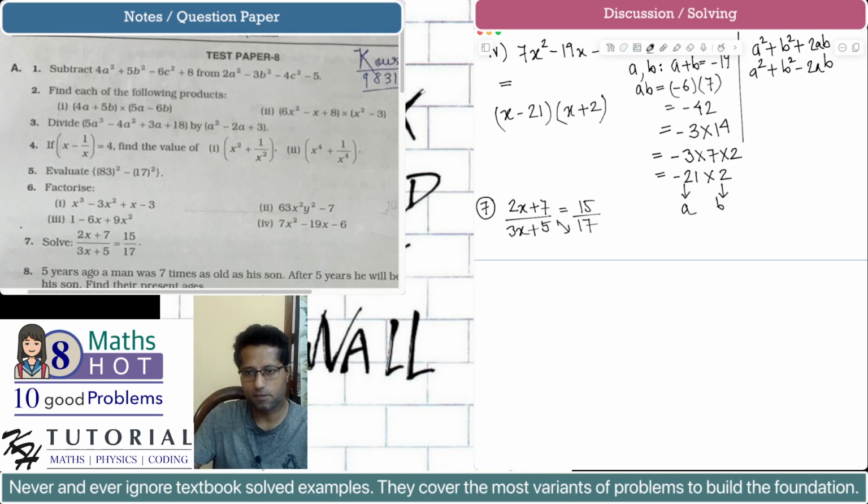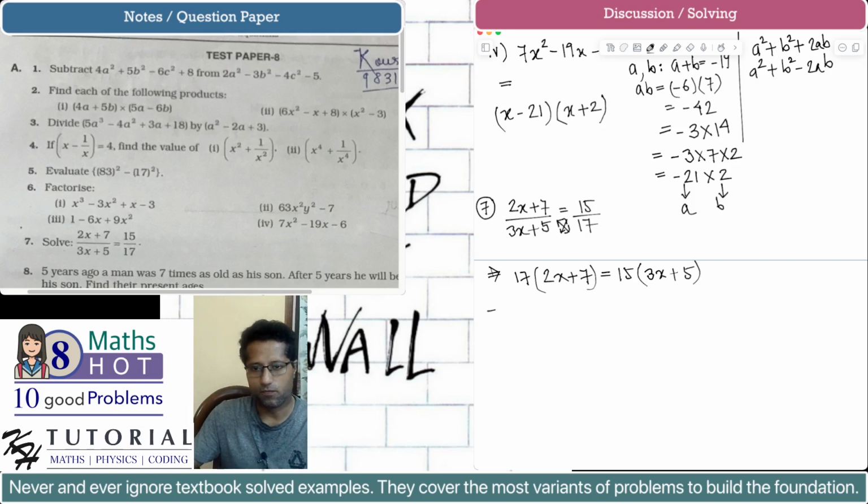The LHS is a rational term where both the numerator and the denominator have the variable x. So we have to apply cross multiplication. Applying cross multiplication, we get 17 multiplied by 2x plus 7 is equal to 15 multiplied by 3x plus 5.